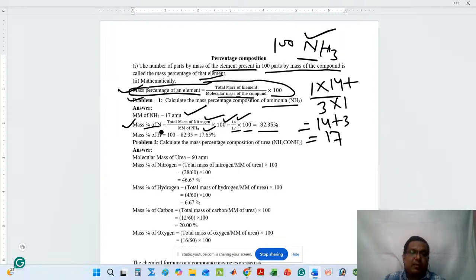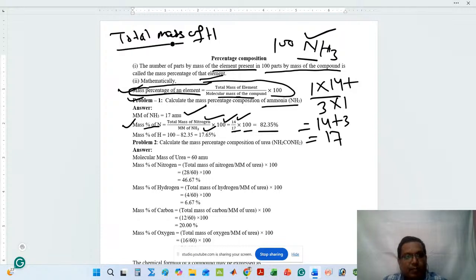Similarly, if I want to find the mass percentage of hydrogen, you can write the formula like this. Mass percentage of hydrogen equals total mass of hydrogen divided by molecular mass of ammonia, into 100.